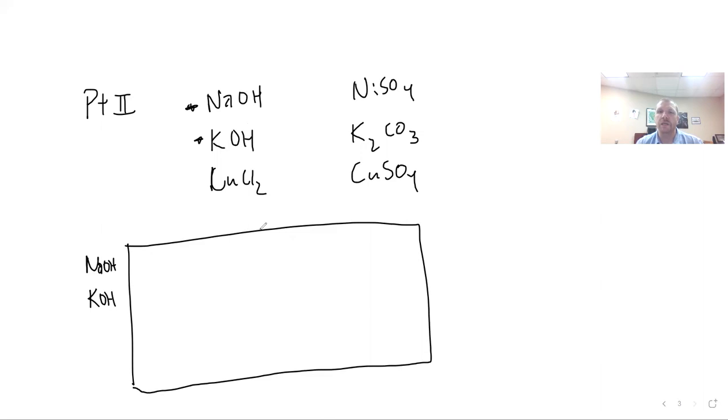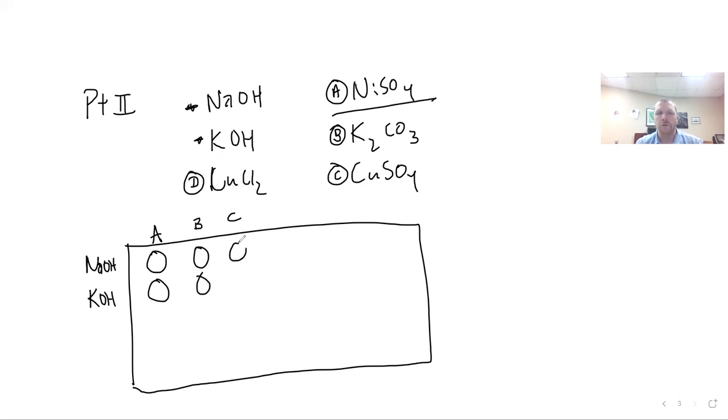You're going to mix that with each of the other 4 solutions. And for the sake of simplicity, I'm just going to label them A, B, C, and D. You're going to mix solution A, a nickel sulfate solution, with both of those strong bases. B, with both of those strong bases. C, with both of those strong bases. And D, with both of those strong bases.